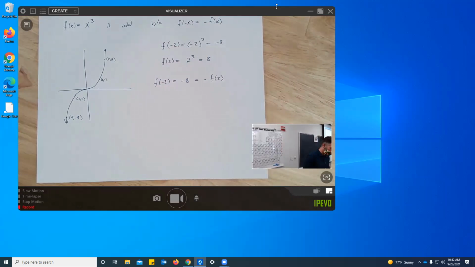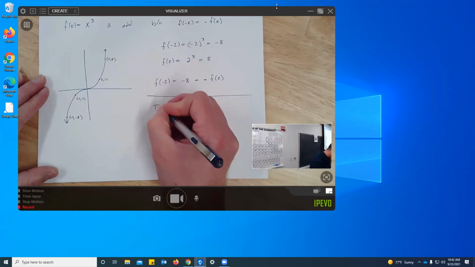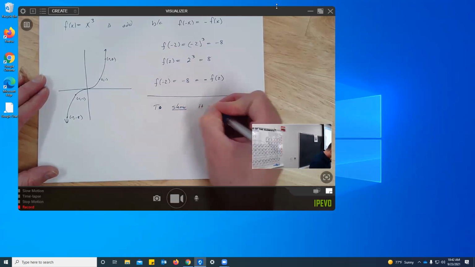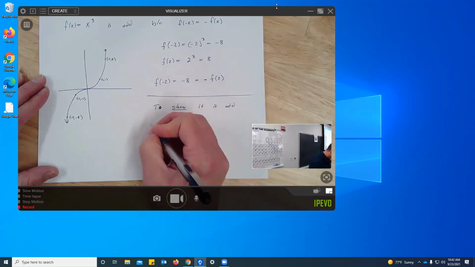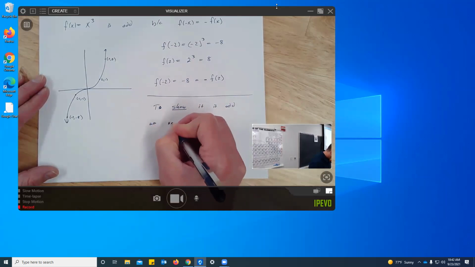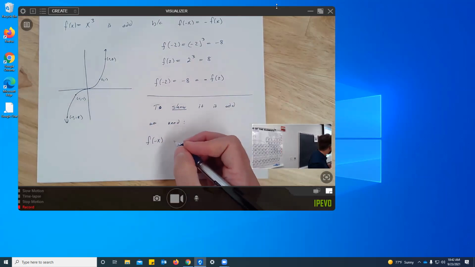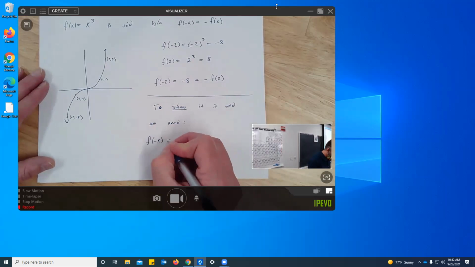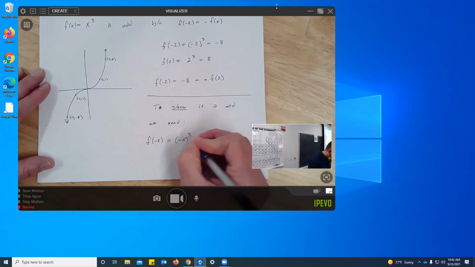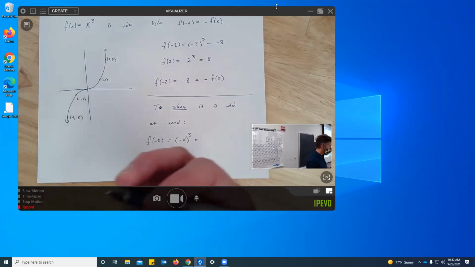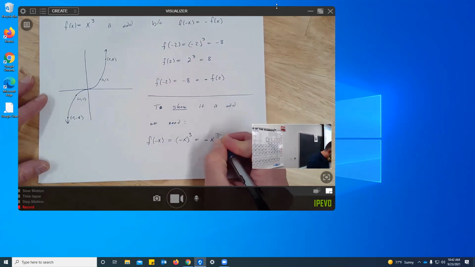To show it's odd, we are actually going to show that f of -x, well, I'm just going to take my function x cubed and substitute in -x for it. And then -x times -x times -x is negative x cubed. I know it sounds like I'm saying the same thing, right?